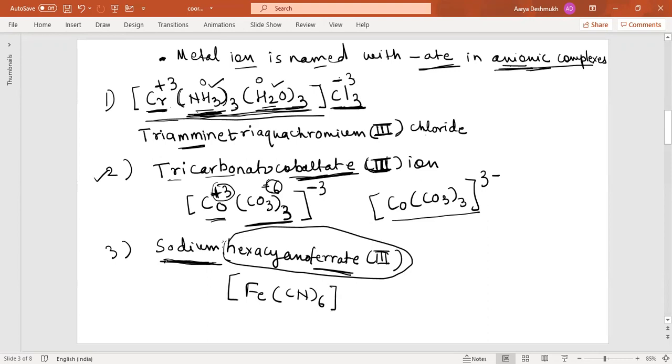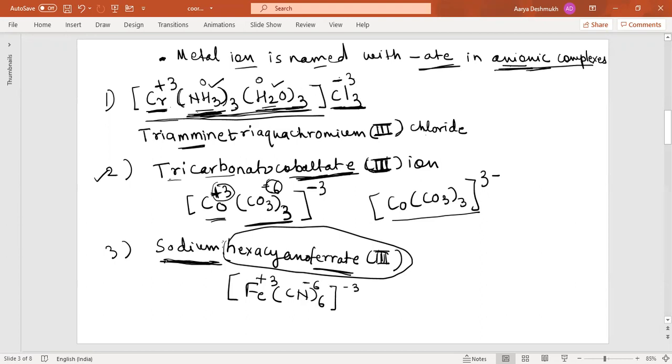As you all know, each cyanide carries a -1 charge. So there are 6 here, so here it is -6. Here it is given 3, and this should be +3. So the resulting charge on this complex should be -3.